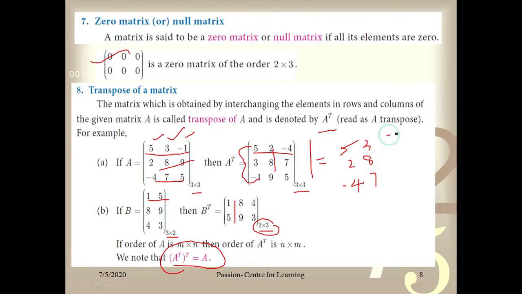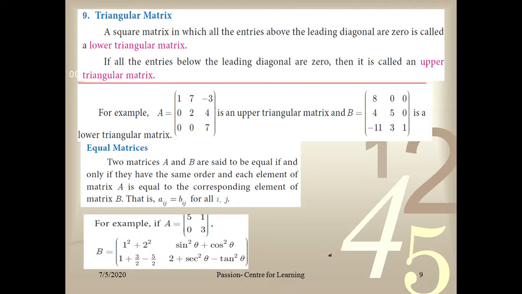Then minus 1, 9, 5. This is another row. Now you can see your A. If I do transpose again, what happens? It becomes A. So always A transpose, the whole transpose is A. Clear?